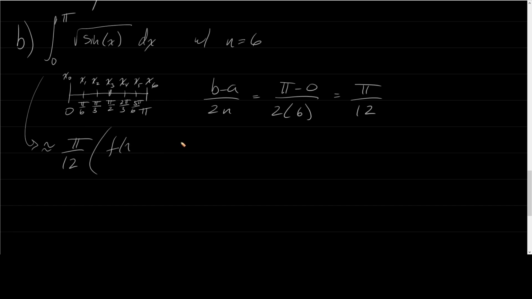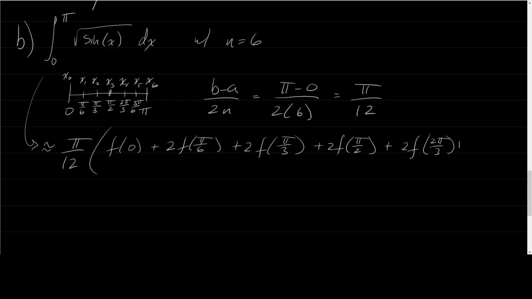But x naught was 0, so f of 0 plus 2 f of pi over 6 plus 2 f of pi over 3 plus 2 f of pi over 2 plus 2 f of 2 pi over 3 plus, I'll write it down here, 2 f of 5 pi over 6, and finally plus f of pi. Alright? So what do we get there?